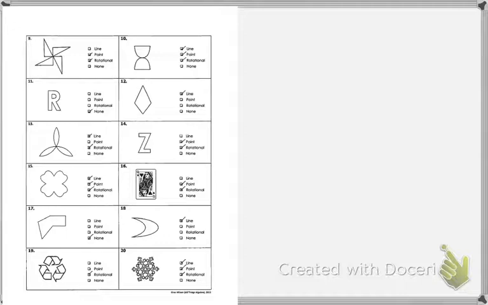If you look at number 16, we have a poker card. Can I draw a line? Yes, I can. Will it look the same on both sides? No. So it's not. Can I rotate it 180 degrees?